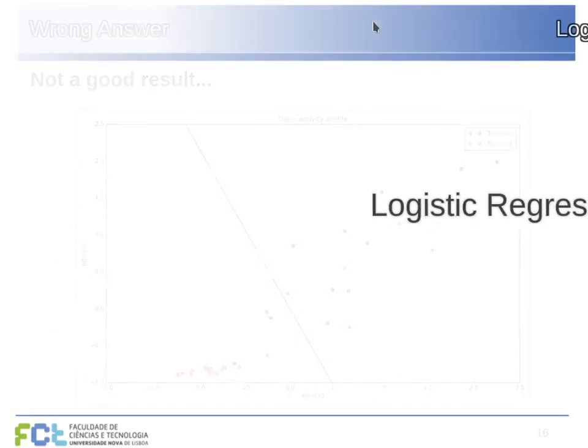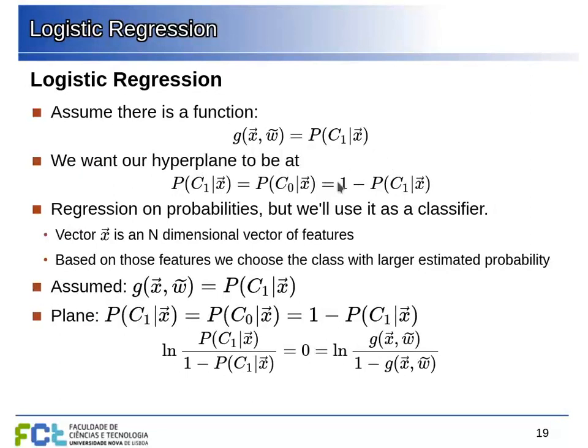So that would be where the discriminant is, where the two probabilities are the same, or where the probability of belonging to class 1 is the same as 1 minus the probability of belonging to class 1, because this would be the probability of belonging to class 0. We only have these two options.